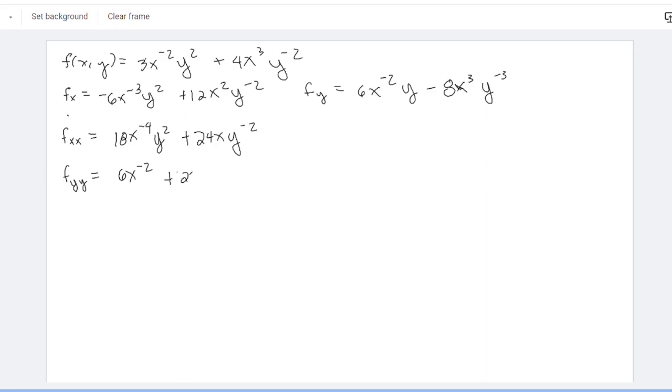So plus 24x cubed. Negative 4. Okay, let's have fxy.